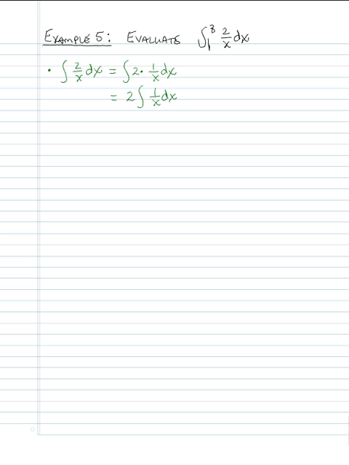And so when we see that, we recognize, oh, this is one of those special integrals I'm supposed to remember. The integral of 1 over x is just natural log absolute value of x. So we have the 2, and the integral of 1 over x, like I said, is natural log of absolute value of x, isn't it? And normally we would put the plus c, but we're getting ready to use this in a definite integral.